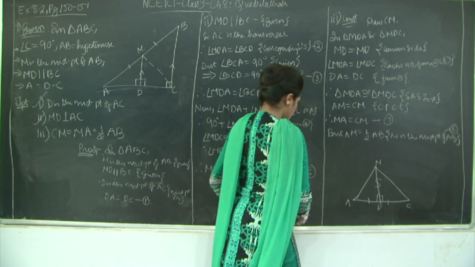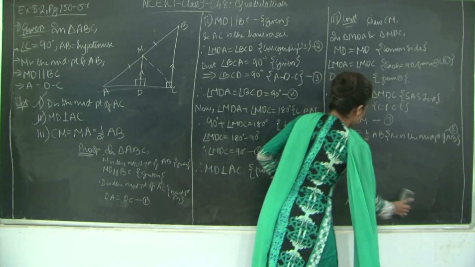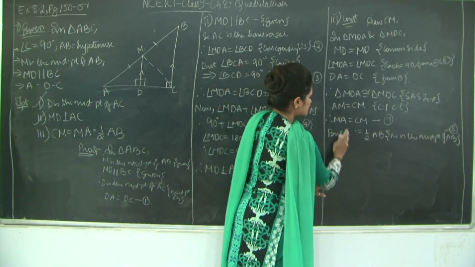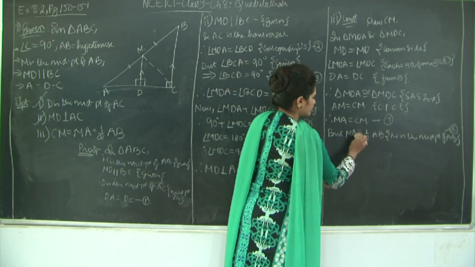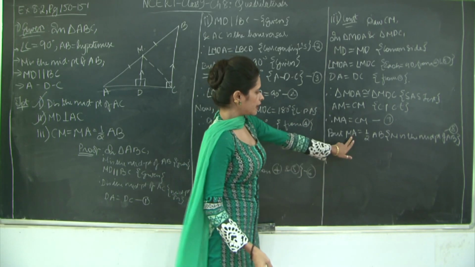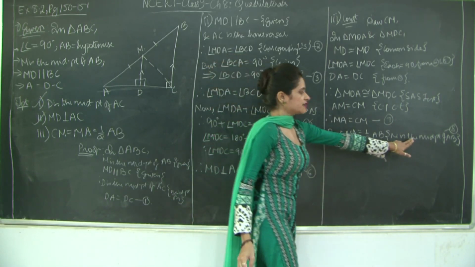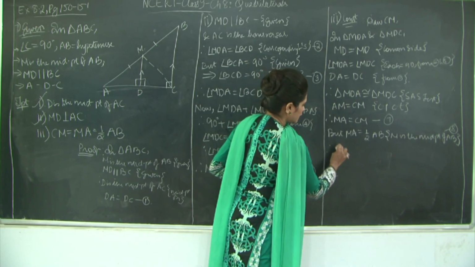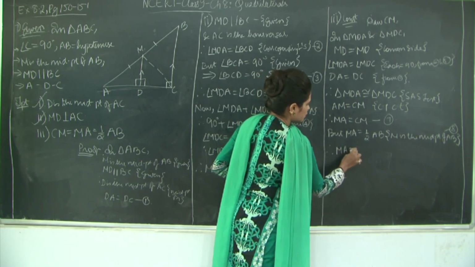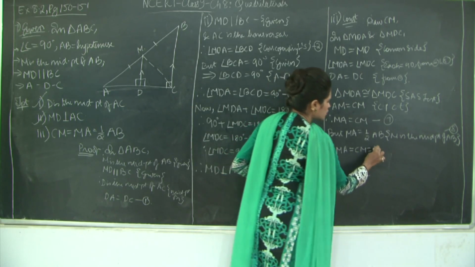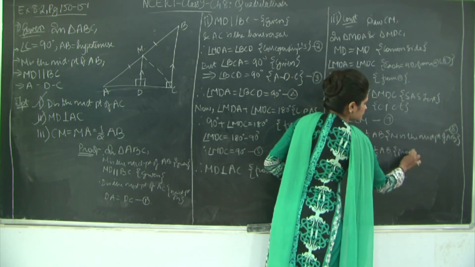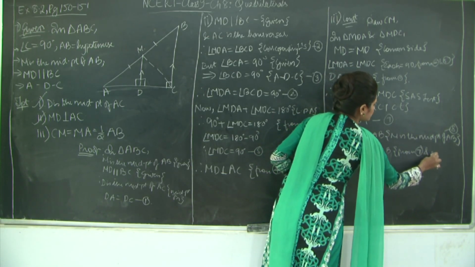So what do you get from 7 and 8? Just one moment. This is MA. Correct? MA is half of AB because M is the midpoint of AB. Therefore, what can I say? Therefore, MA is equal to CM, which is equal to half of AB, from 7 and 8.